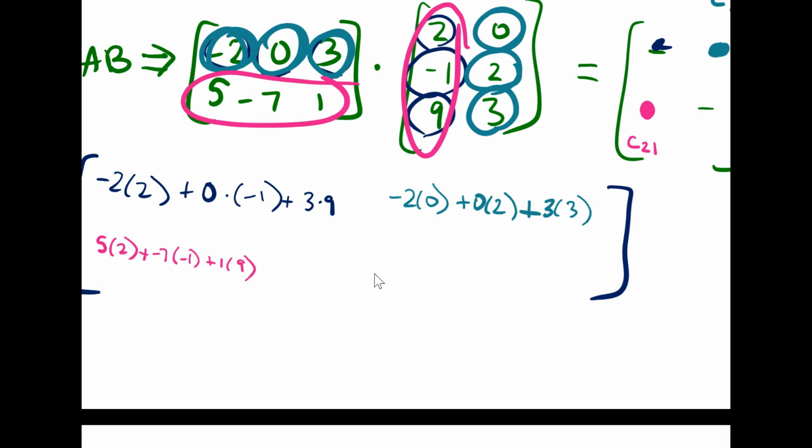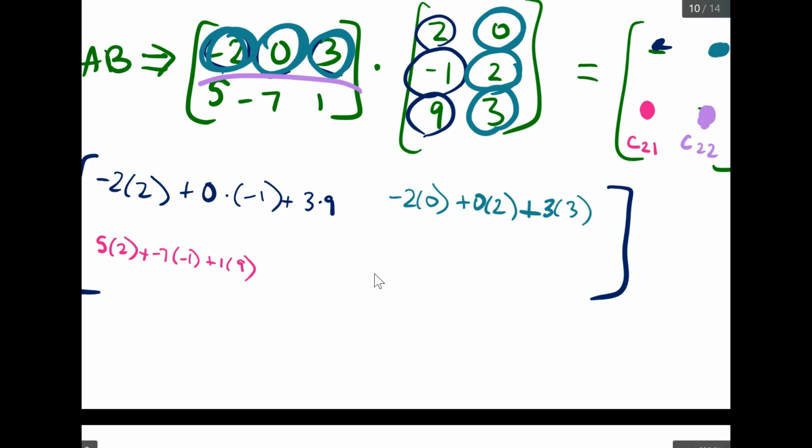Okay. Let's try the last one. So I have a lot of colors on here. Let me get rid of that one. What's another? Purple. So I want the bottom right corner of my resulting matrix. Remember how we said it was going to be a 2 by 2? We found out the dimensions. So if this is the second row, second column, I'm going to take the second row, because you get the rows from the first matrix, the second column. All right, so remember, you start left and top, and you work your way to the right and down, to the right and down, to the right and down.